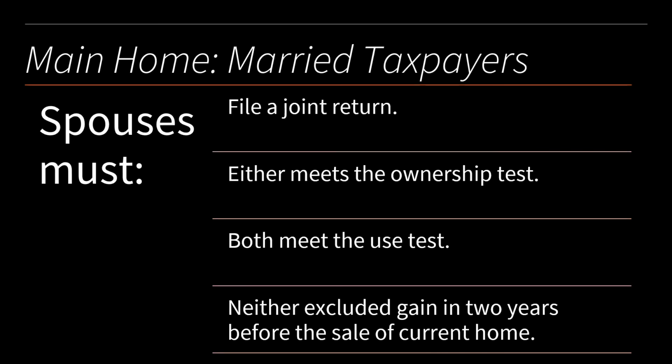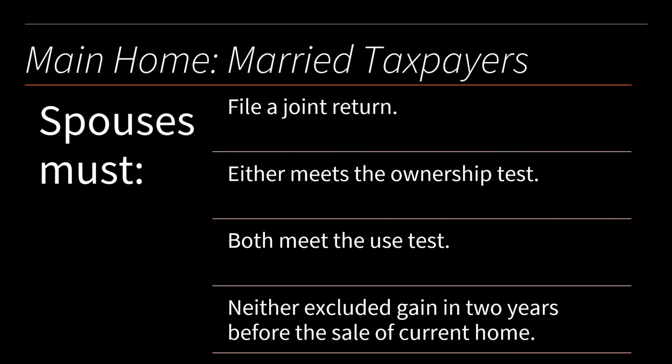And I'm sure you can imagine that for our married taxpayers, this might get a little more complicated. So in order to exclude the gain on the sale of a main home, spouses must file a joint return. And in that case, it doesn't matter which spouse owns the house, either one is fine.